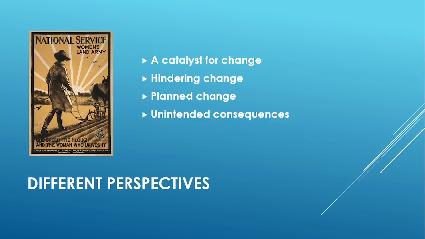But war can also hinder change. For example, it may have seemed at first that World War I ushered in democracy in Germany, but in fact it made it very difficult for democracy to take hold, and we all know what happened in the 1930s.